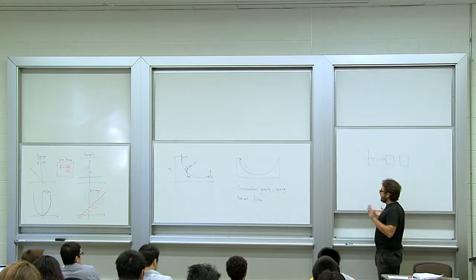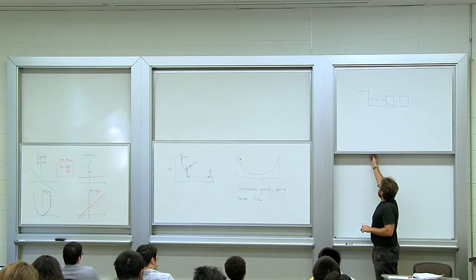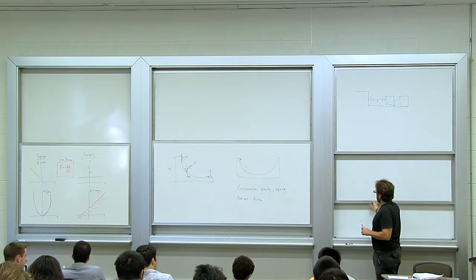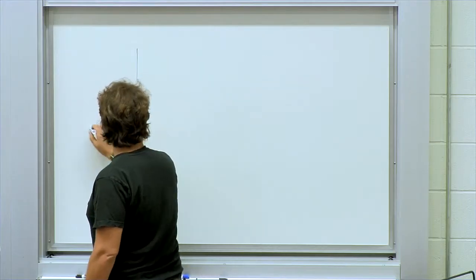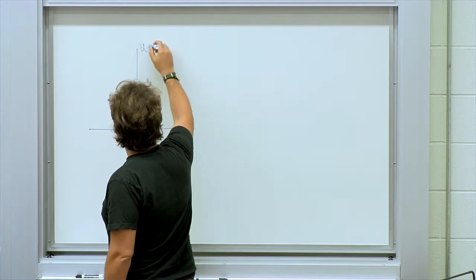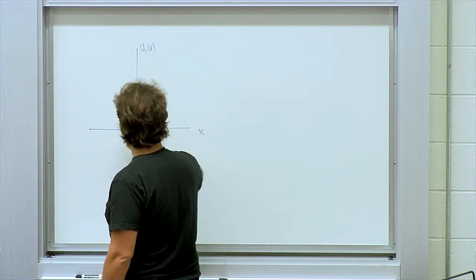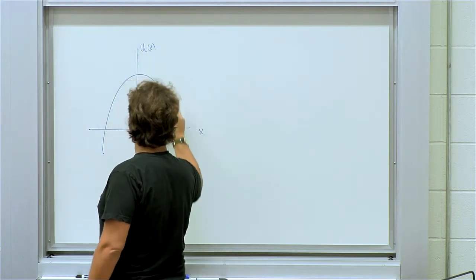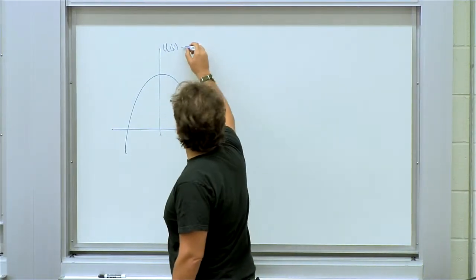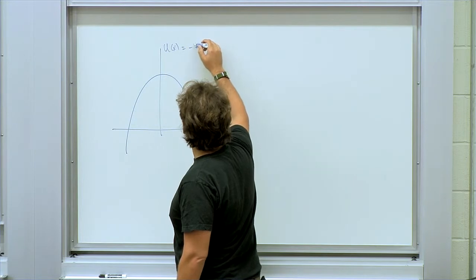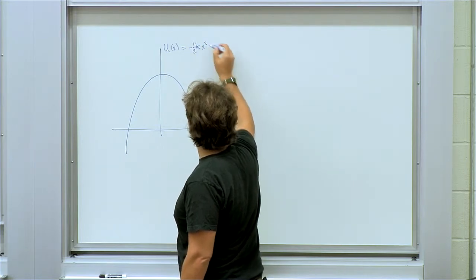So let's say you had some physical system, I don't know what it would be, that had the potential that she just described. If this was the potential, what would the force be like? Negative 1/2 kx squared, right?